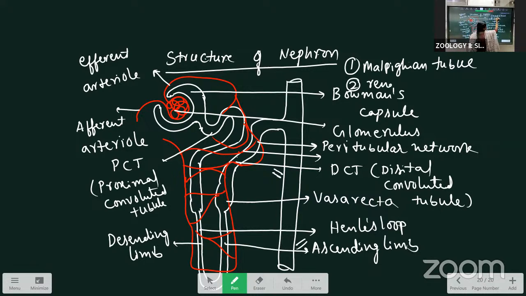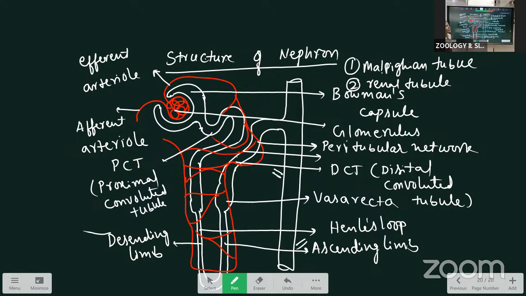Inside the nephron, two main structures are present: the Malpighian corpuscle, also called the renal corpuscle, and the renal tubule.